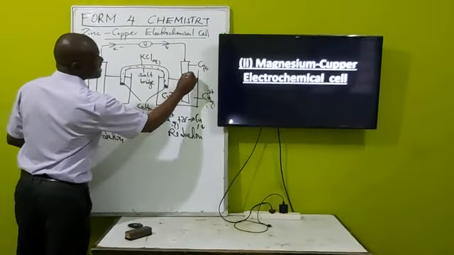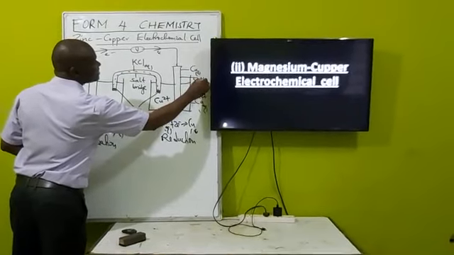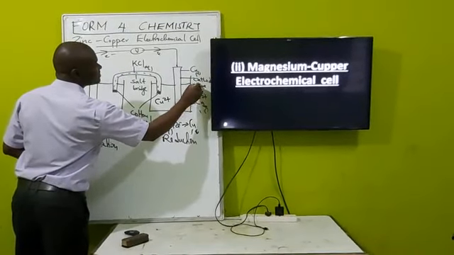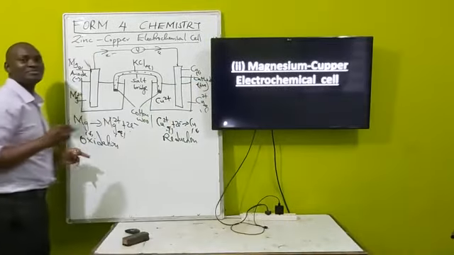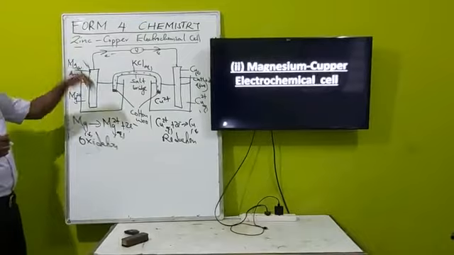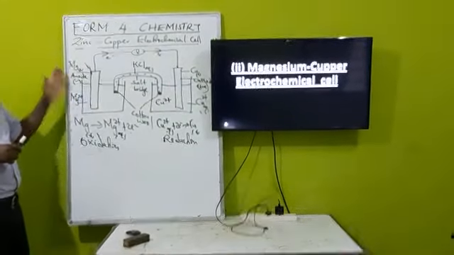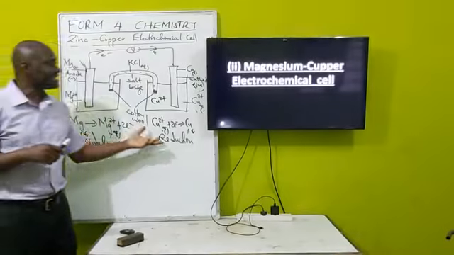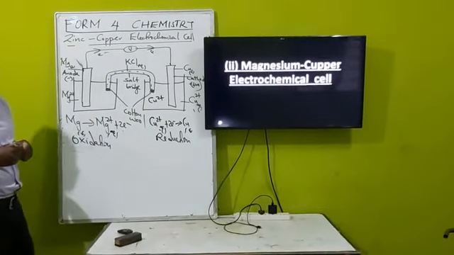The cathode here, this is our cathode, and the cathode is positive. So electrons flow from the anode to the cathode. Oxidation occurs at the anode. Reduction occurs at the cathode.